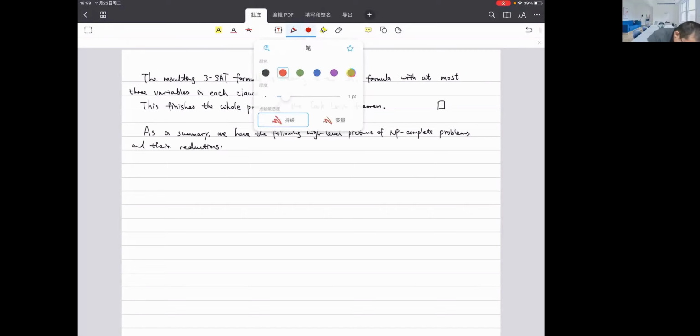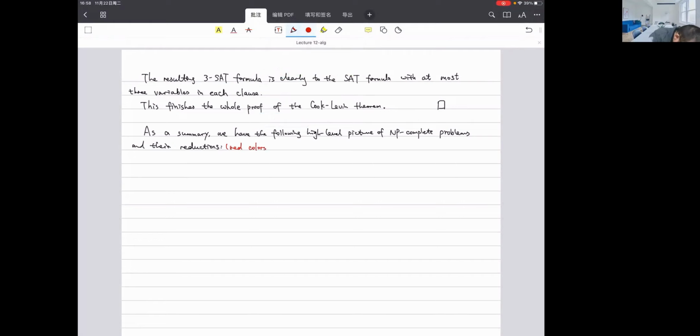Here, some of the problems are marked in red. Because we only have limited time in this class, and there are so many problems and so many reductions, we use red for problems we don't have time to cover in class.